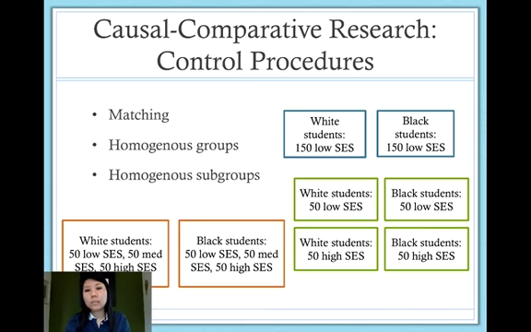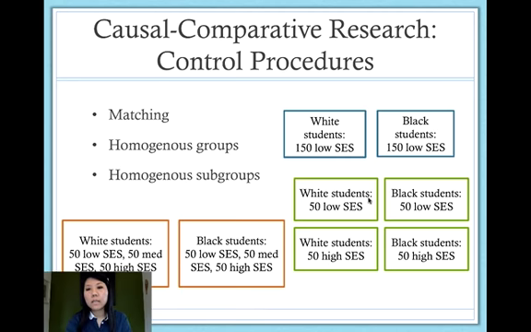Or I might do homogeneous subgroups, which is a little bit more complex, but a similar idea from homogeneous groups. Here we have 50 white kids who come from low SES backgrounds, 50 black kids who come from low SES backgrounds. And same for high SES and white kids and black kids with high SES. Okay? And with homogeneous subgroups, I have multiple groups, so I can do a factorial ANOVA to see if there's differences between any of these groups.